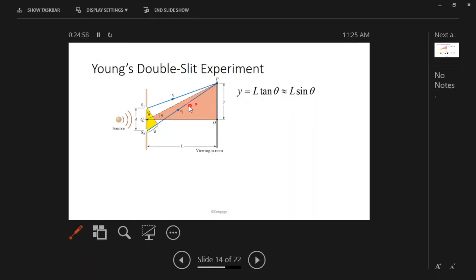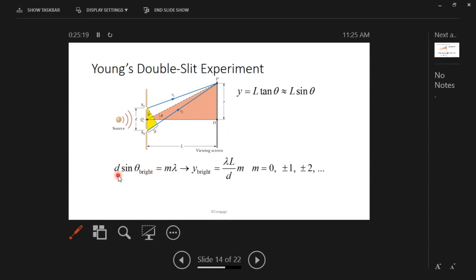You can usually do that in Young's double slit experiment because L is much larger than d, and as a result, this angle is going to be very small. So you can usually replace tangent of theta by sine of theta. So y is equal to L sine theta.